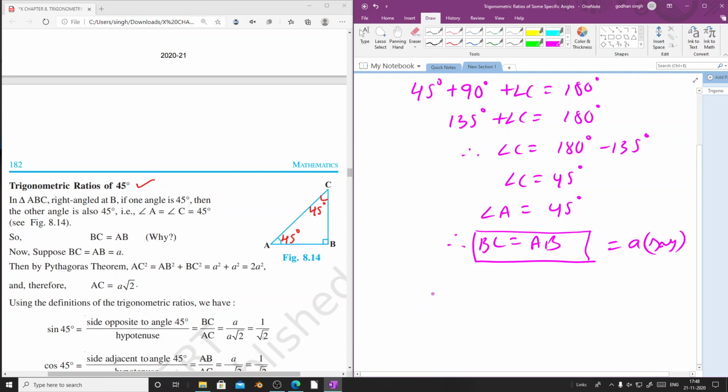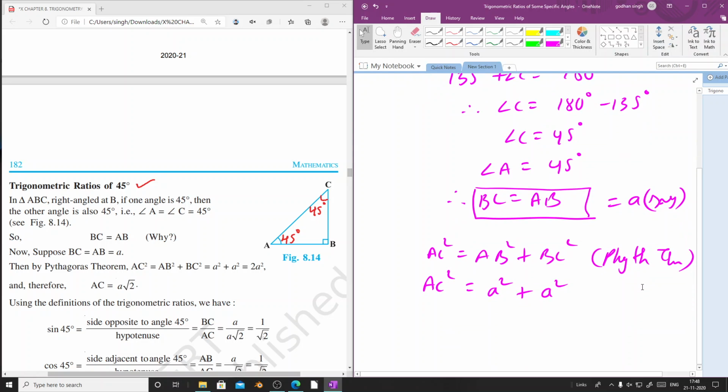By Pythagoras theorem, AC square equals AB square plus BC square. We know the value of AB and BC, both A, so A square plus A square gives us 2A square. Therefore AC square equals 2A square.